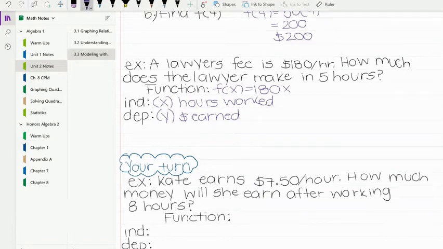So what we're going to do is evaluate the function at 5. So f of 5 equals 180 times 5. 180 times 5 is 900, which means that the lawyer makes $900 in 5 hours.